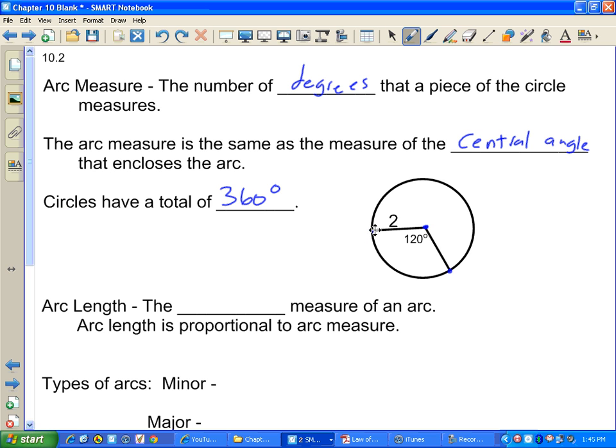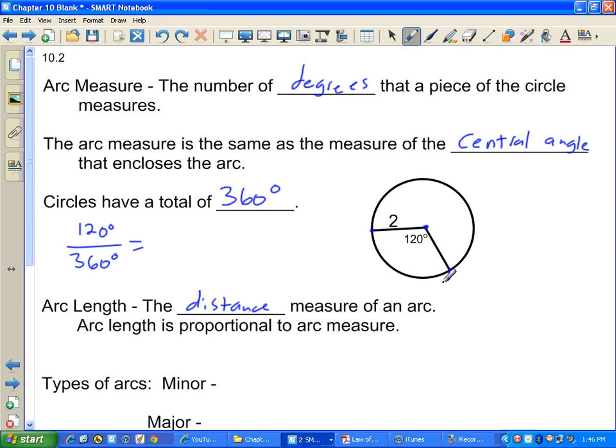The other thing we do, so we can measure these in degrees. We can also measure just the straight length of this curved line, okay? And that's arc length. So that's the distance measure of an arc. Arc length is proportional to the arc measure, which means, so in this example, I've got 120 degrees of the full 360 degrees of my circle.